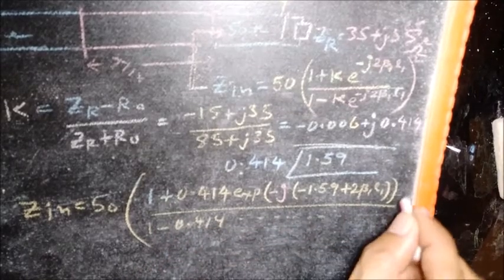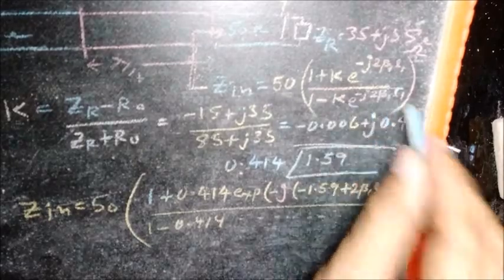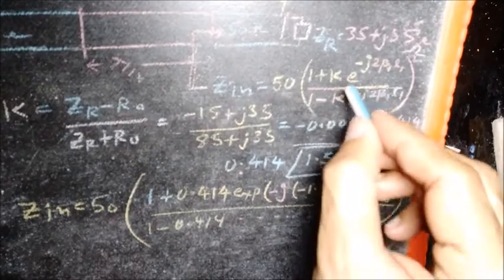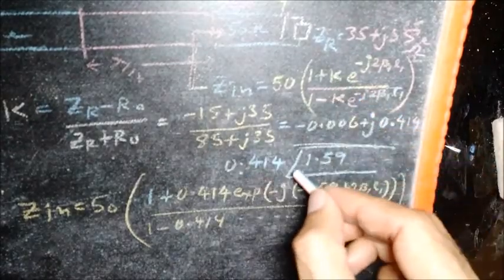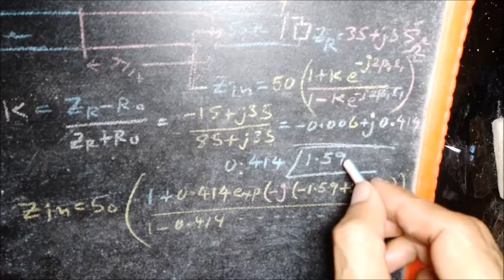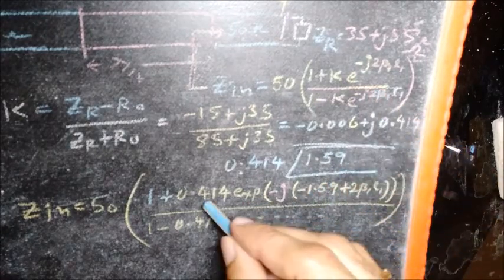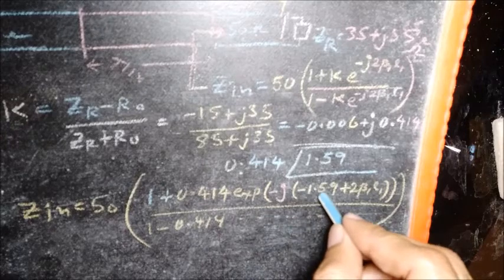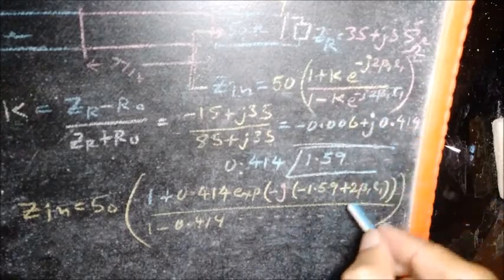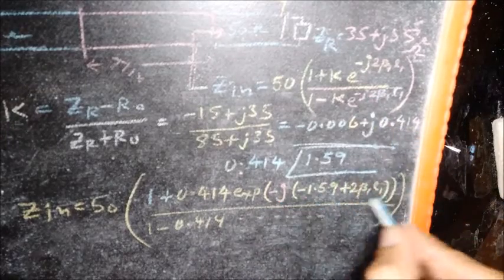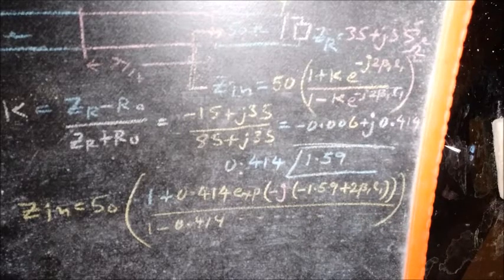The same thing will come here because it's the same thing. So basically k will be 0.414 e raised to j 1.59, and then the e raised to minus j 2 beta 1 L1 is that. So this is the value, the Zin.